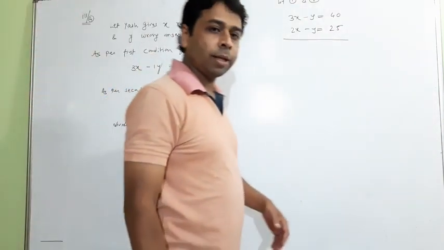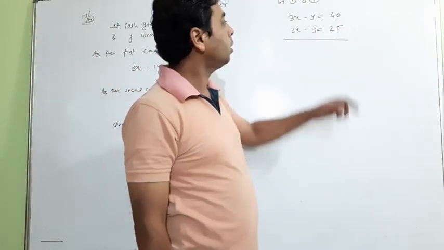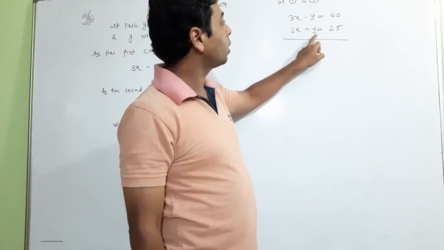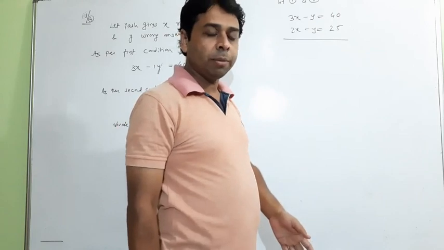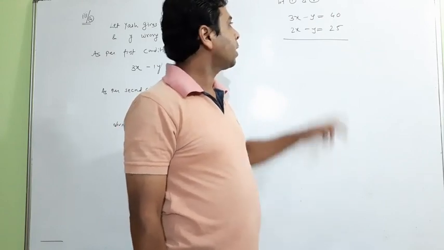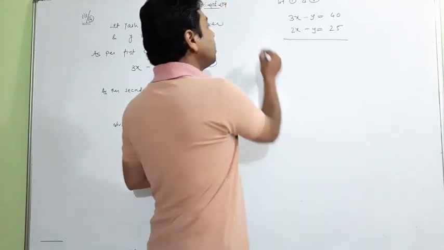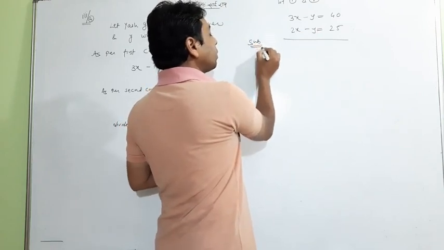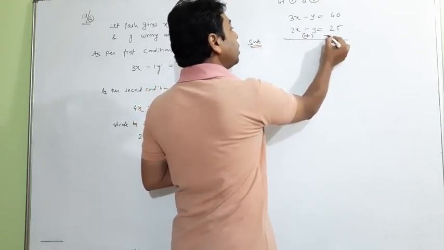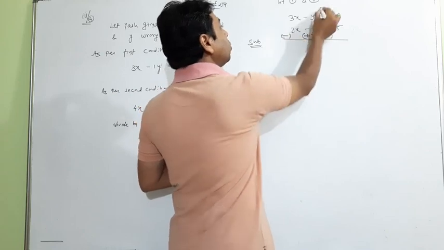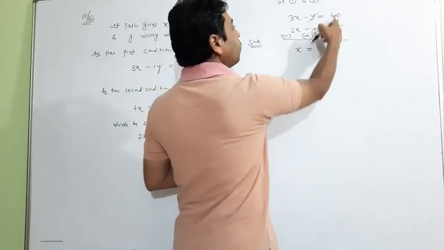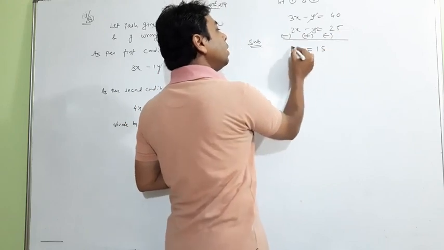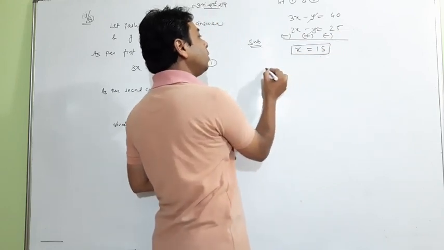Now by the elimination method, one of the easiest methods, I want to cancel y because y has coefficient 1 in both, which is equal. So we need not make them equal, they are already equal, and minus and minus tells us subtraction. What is the meaning of subtraction? Change the sign and change the sign. So these two will automatically cancel. 3x minus 2x will be x, and 40 minus 25 will be 15. So it's very simple. X is equal to 15 we got.